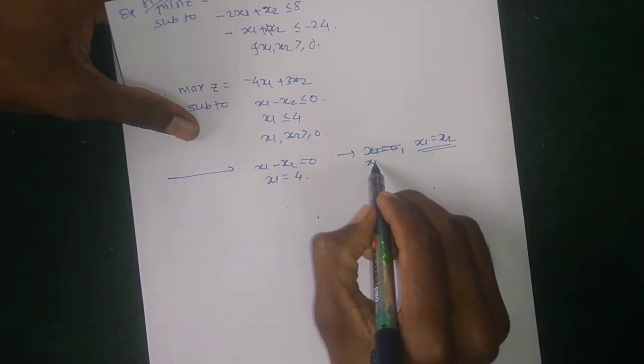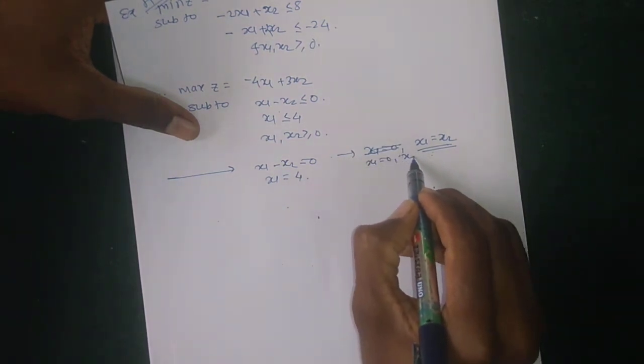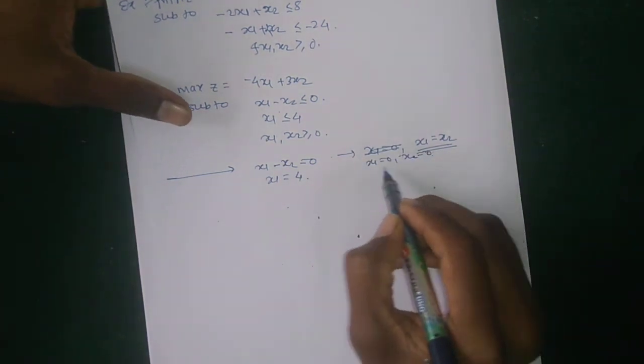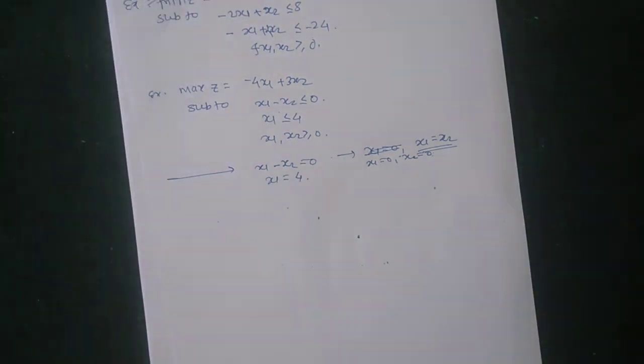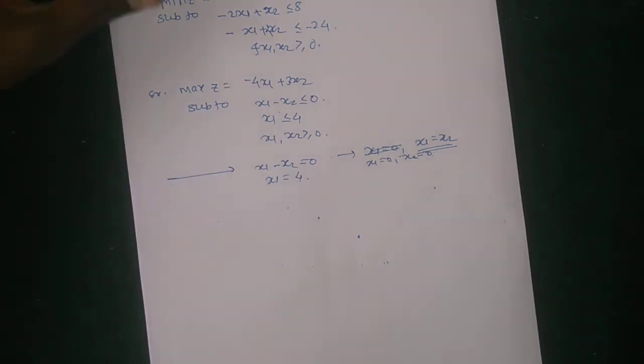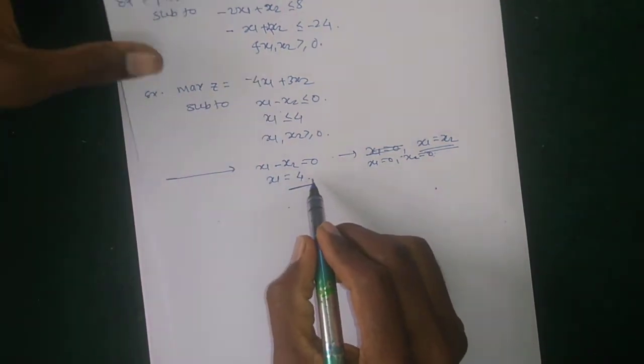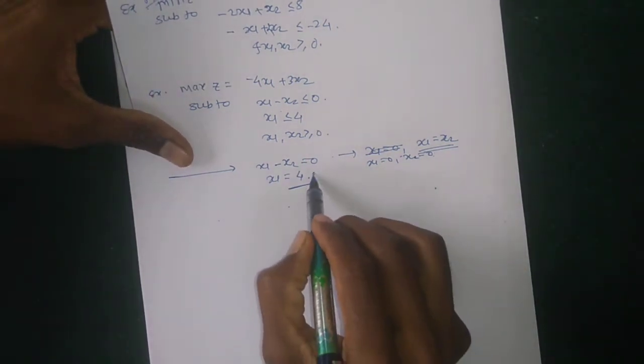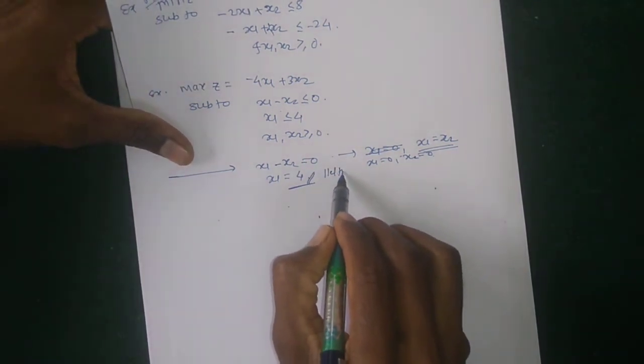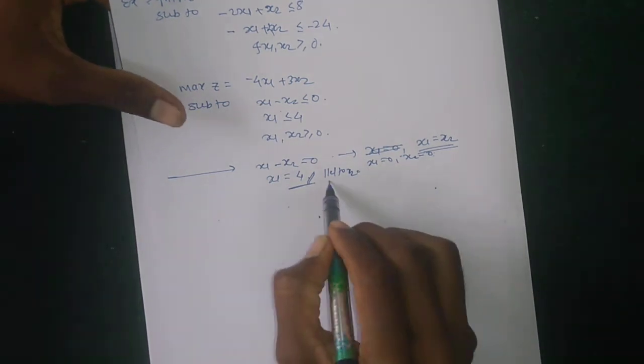When x1 is equal to 0 then x2 is also 0, and when x2 is 0 then x1 is also 0. Here x1 is equal to x2, so this line is x1 equals x2, and the line x1 is equal to 4 is parallel to the x2 axis.